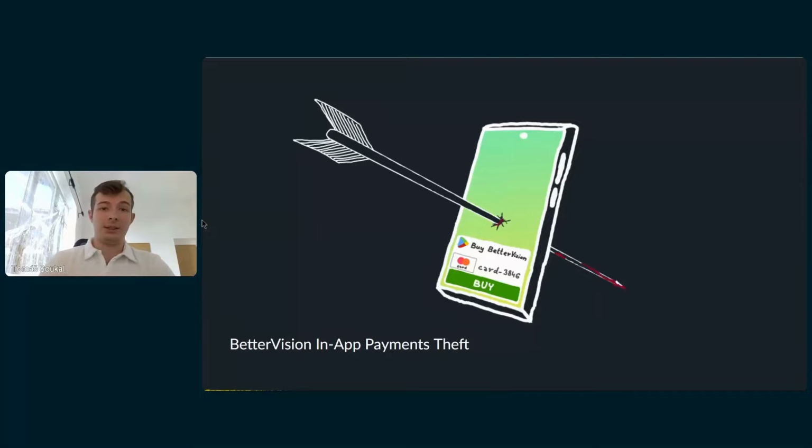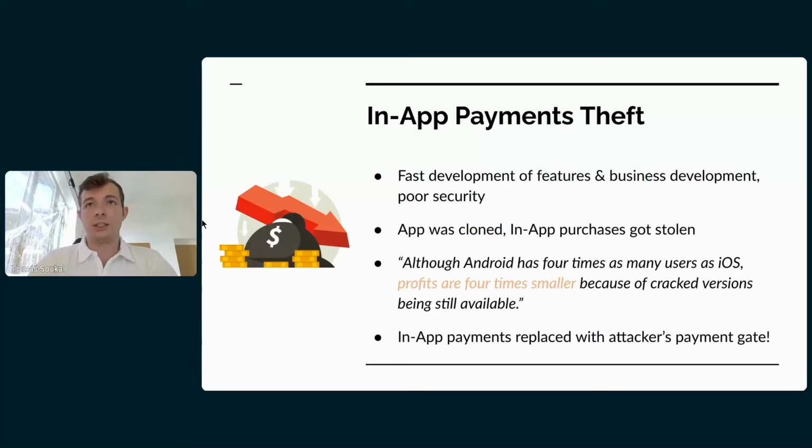I have a great story about this, about an application my friend made. It was called Better Vision, and this application had its in-app purchases stolen, literally. This application suffered a cloning attack, and as I said, in-app purchases got stolen.